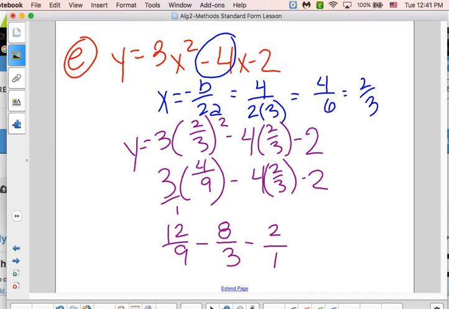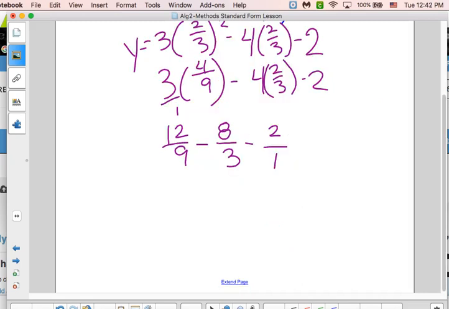So here's my assumption. You have a calculator in front of you. You guys can put fractions into your calculator. You can write a decimal answer if you really need to, but if you can do this without, go ahead. Between 9, 3, and 1, in order to add and subtract, you need a common denominator. What's the common denominator of 9, 3, and 1? 9. So this fraction is good. What do you have to multiply 3 by to make it a 9? So what's 8 times 3? What do you have to multiply 1 by to make it a 9?